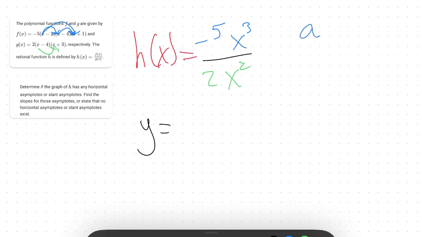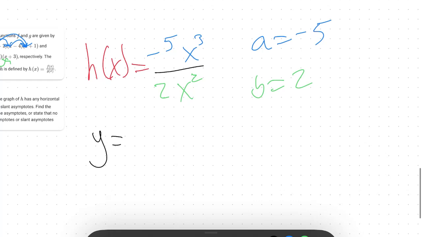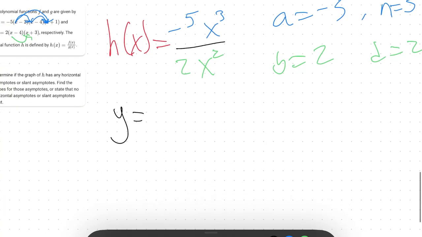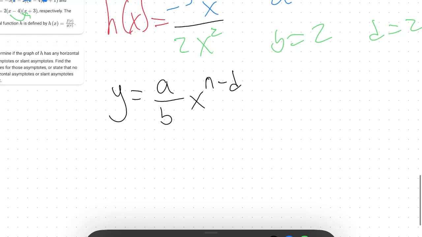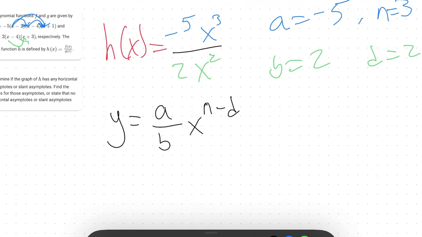And then I'll even say over here, a is equal to negative 5, b is equal to 2, n is equal to 3, and d is equal to 2, right? Again, a over b times x to the n minus d. And now we just plug it in. Plug and play.